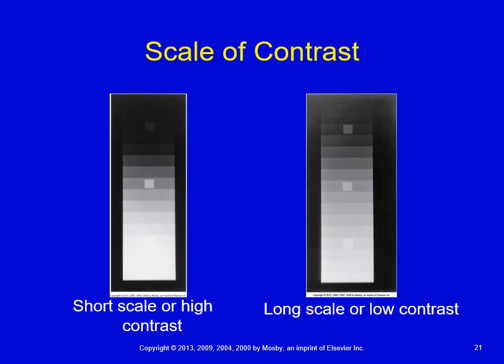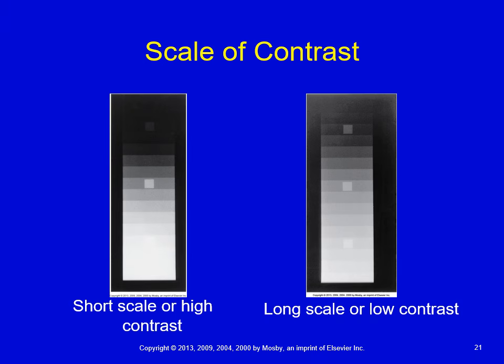All right, so again, put this in your notes. If we're talking about short scale, we're talking about seeing few shades of gray on the image, and we also consider that to be a high contrast image, and it's usually produced by lower KVPs. The one on the right, when we're talking about long scale, we're talking about lots or many shades of gray.